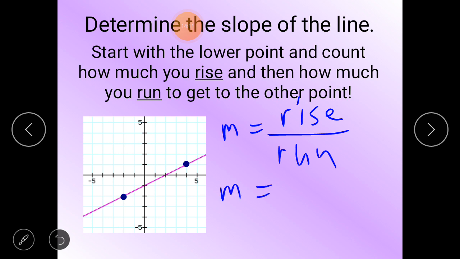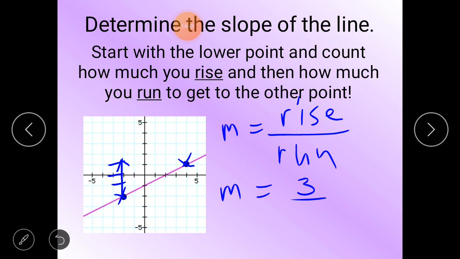So we're going to count now from this point to this point. So rise: you're going to count how many units from this point up to that point. 1, 2, 3. So you have 3 units, and since it's going up, the sign is positive.